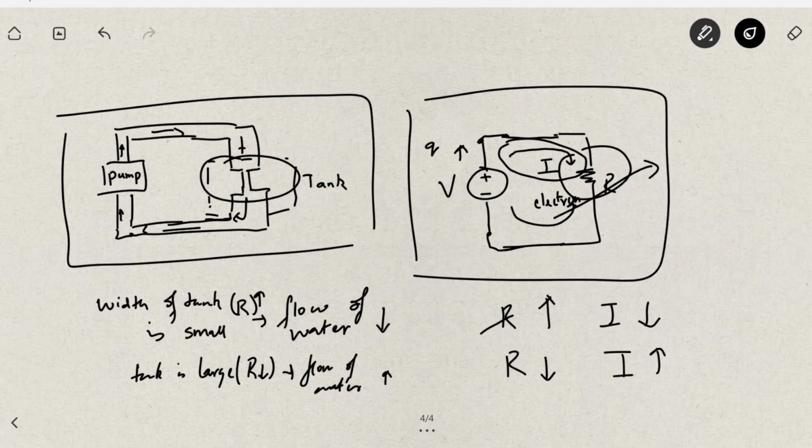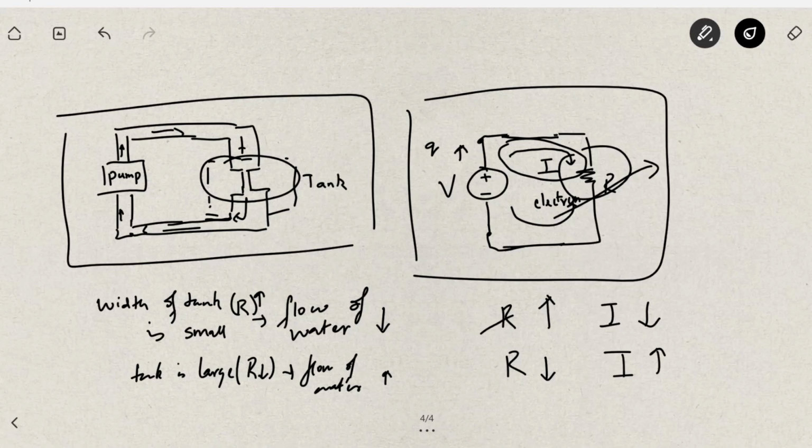Fine. So we have a mechanical analogous circuit to a simple electrical resistive circuit, where the pump is equivalent to voltage, and the flow of water is equivalent to current. Current is also the flow of electrons, like flow of water.